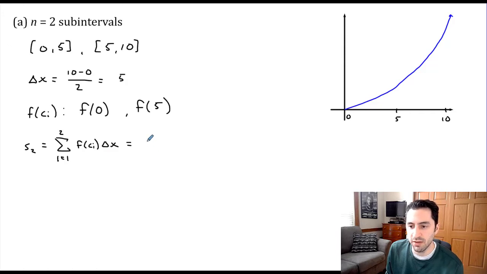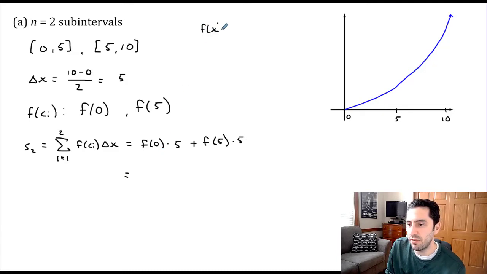If we expand this out, our first rectangle has a height of f of 0 and a width of 5. Plus our second rectangle has a height of f of 5, and this also has a width of 5. Remember our function f of x is equal to x squared.